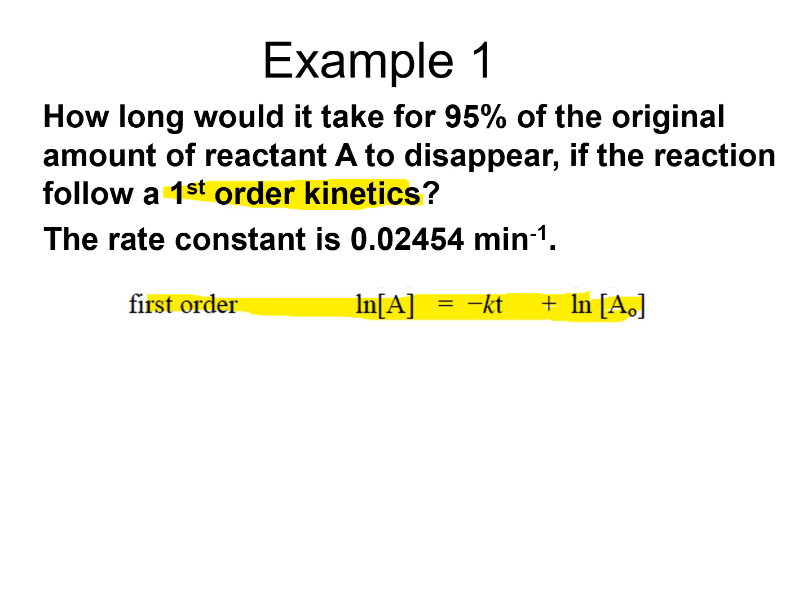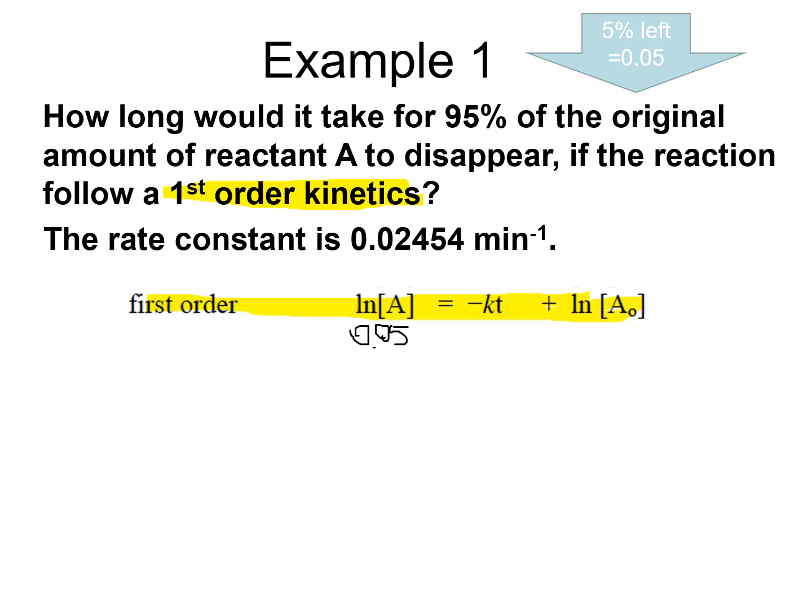So the trick here is to figure out that if 95% is disappearing, it means that you have 5% left. So the amount that you have left is the amount you have at time t. It means that A here is going to be 5%, that would be 0.05.